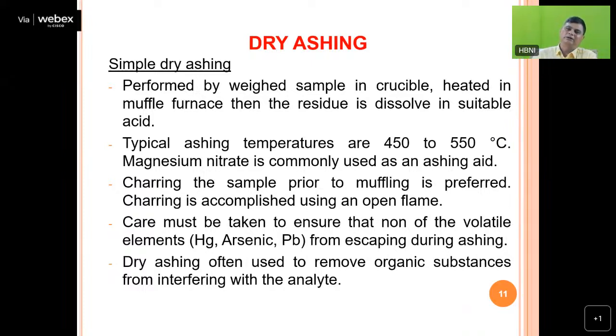You cannot aspirate it in ICP-OES, AAS or ICP-MS, and you cannot even do the measurement using a UV-visible spectrophotometer. So care has to be taken to destroy all the organic substance before doing the inorganic analysis. For that purpose only, all this ashing is done.